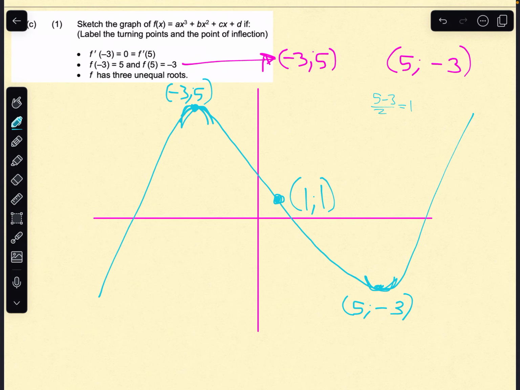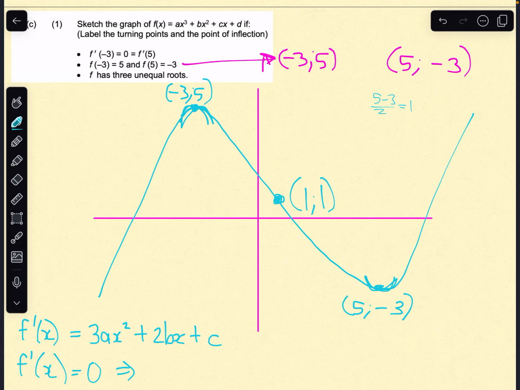So let me see. The point of inflection. Okay, so let me start with the turning points. The turning points we would find by solving 3ax squared plus 2bx plus c equals 0.